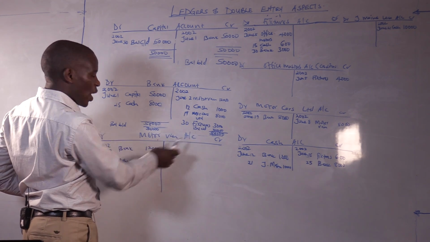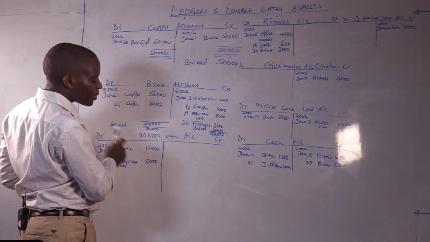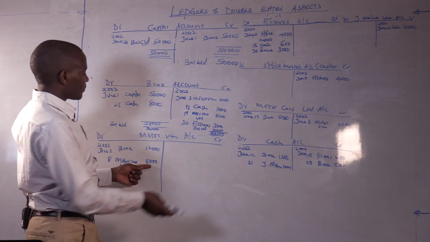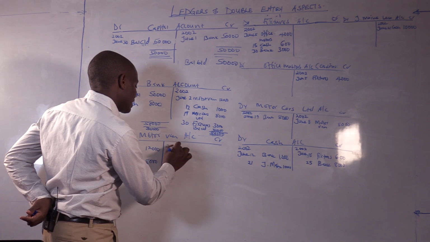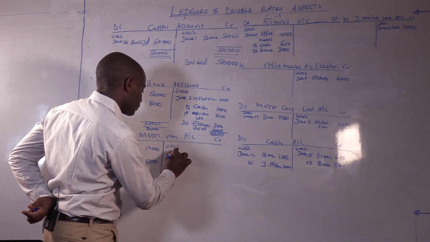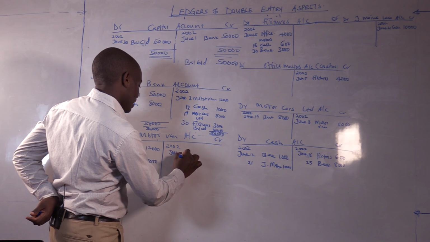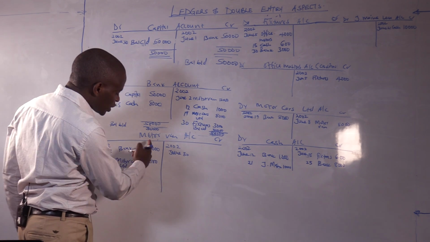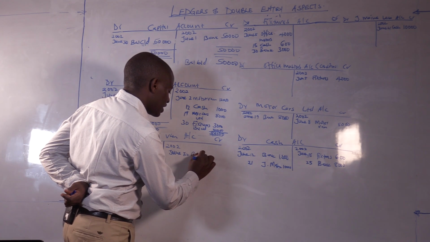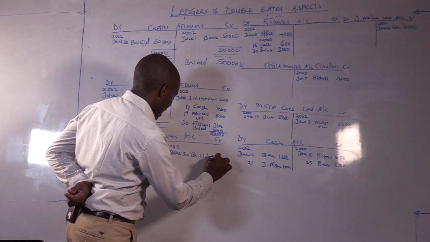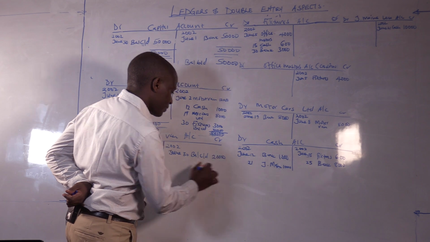So we go to the motor van account. On this side we have 12,000 plus 8,000, that is 20,000. This side we have 0. So we shall have it here, this is June 30th, and we shall have the balance carried down as 20,000.